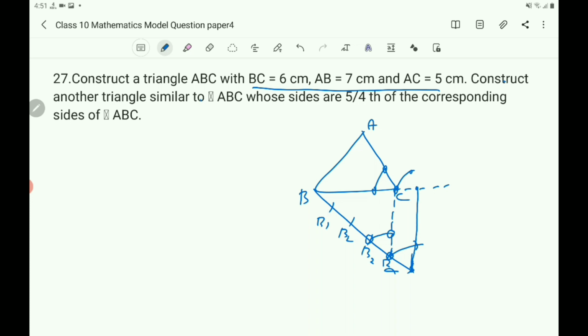Then extend this. This is A dash C dash. In this way you can follow the construction. Otherwise, view the video to learn the method of construction of the triangle which is similar to the given triangle with the given ratio of the corresponding sides.